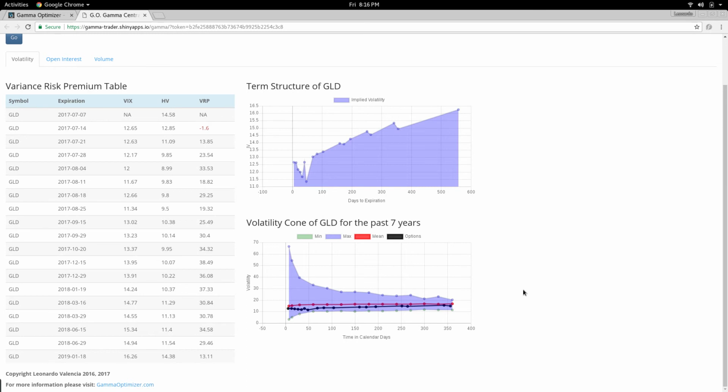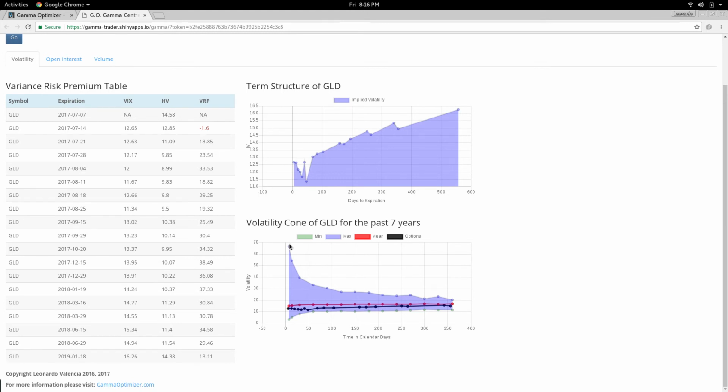I like 7 years because I like the number, and also because by coincidence 7 years means 2010 and up. So I want to skip the crazy 2008, 2009 that really skews the whole volatility cone and makes it look crazy. So 7 years is good enough, and also 2010 is a good year to start looking at this.